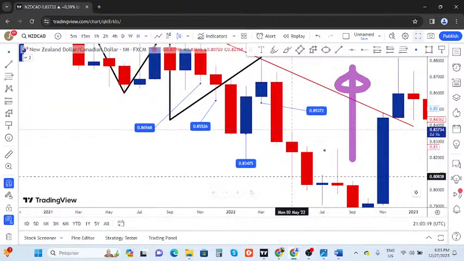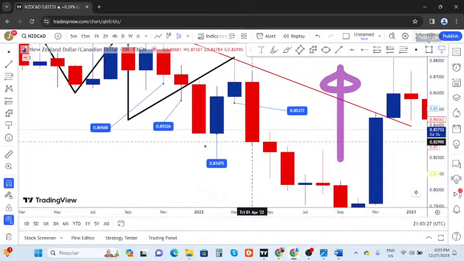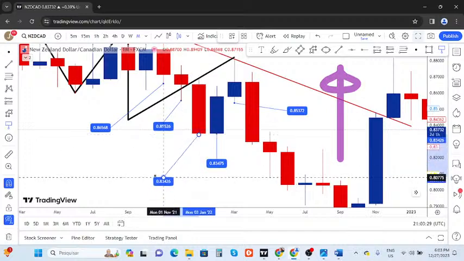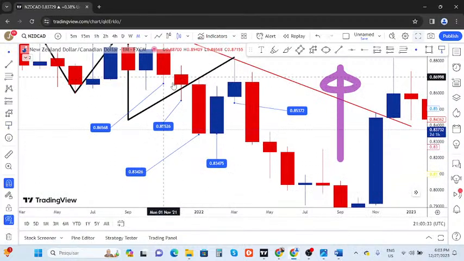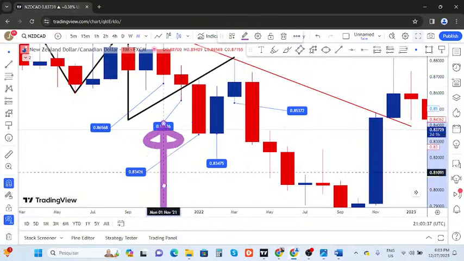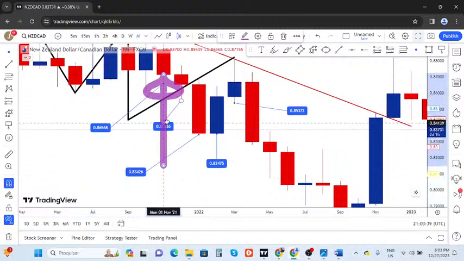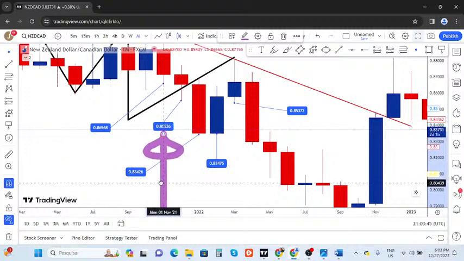Now let's look at the numbers of those four candles. Which one is lower among them? The remaining one is the center candle. For me, this is the center candle. Now let's check this number. We have these two bearish candles. This one says 0.86568. This one is 0.85526.